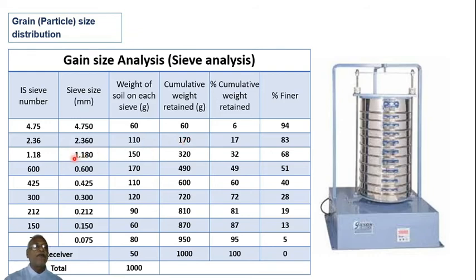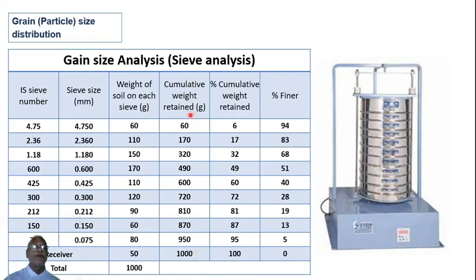Similarly, if I sieve the whole soil through 1.18, the amount above 1.18 will be 170 plus 150, that is 320. Likewise, if you go on adding these numbers, the total will be 1000, because that is the total amount of soil taken, 1000 grams.